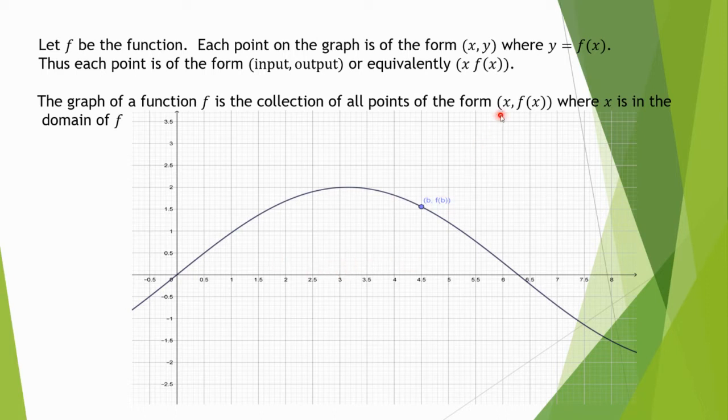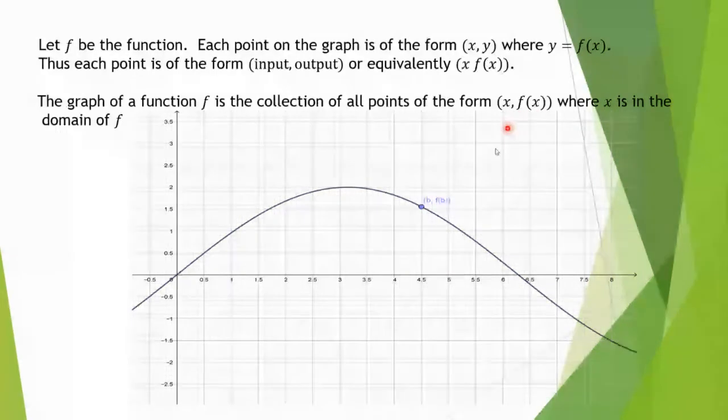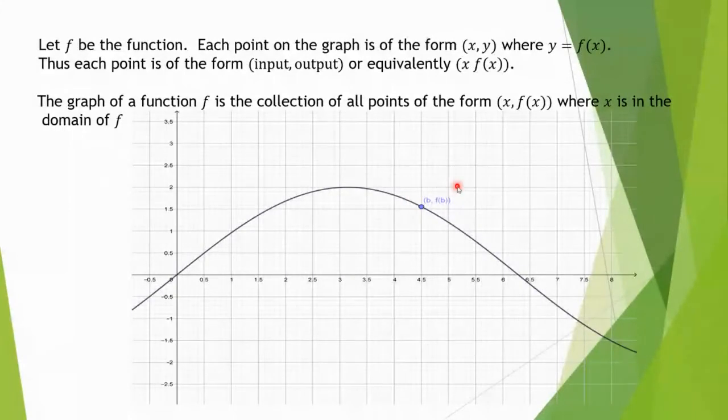All the input values come from the x-axis. The y coordinates, right? Those are the outputs, the corresponding outputs. And that's what I'm trying to show you here. Okay. I know here it looks like B would be 4.5. I'm not saying it has to be, but I just wrote it out that way by coincidence. But that's just what a graph of a function is. You're looking at all points here.